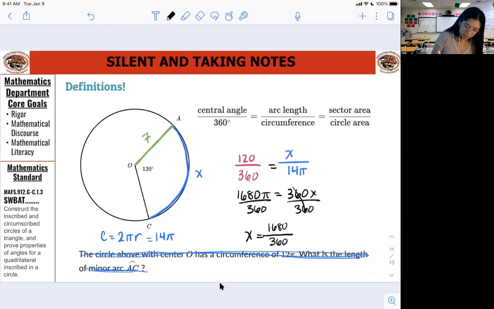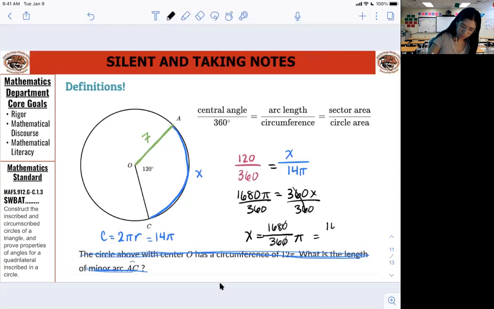However, can we simplify that? I think you can. What can you divide top and bottom by? Or what can you knock off both of them? 10. Yeah, knock off the 0 first.